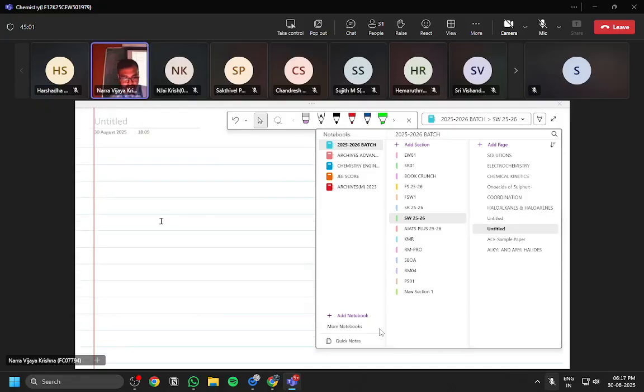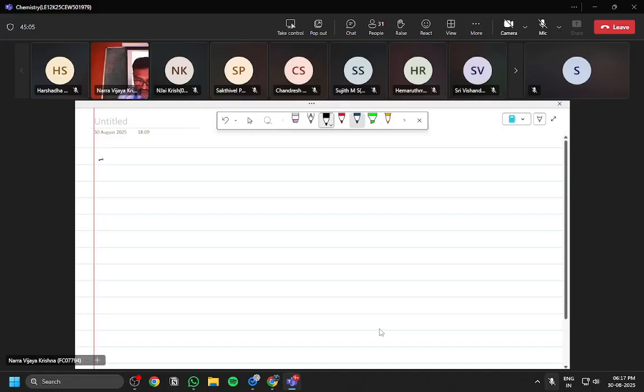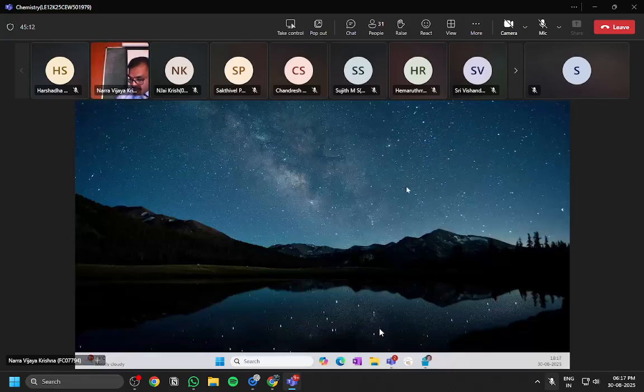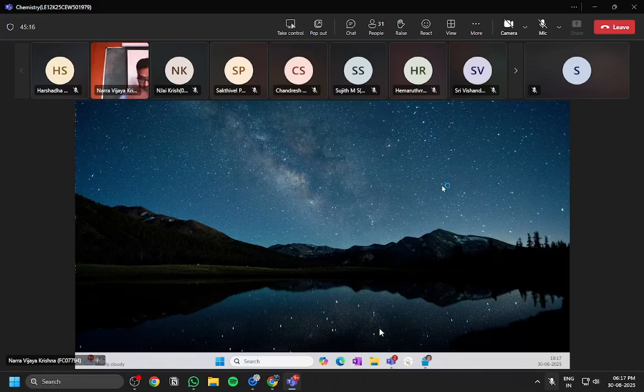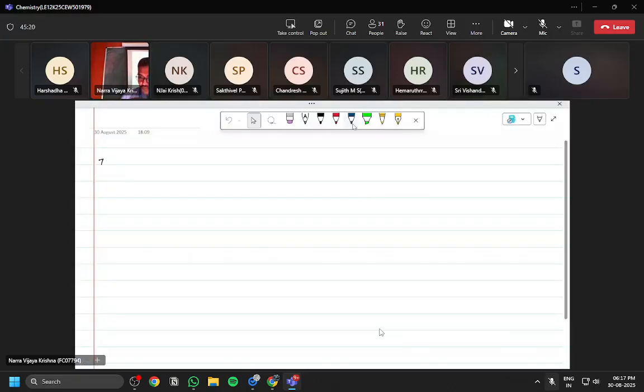Seventh reaction. Reaction with silver powder.